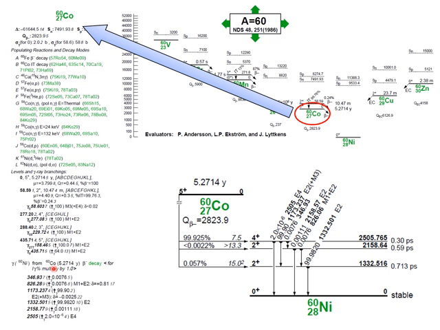So cobalt-60 decays to nickel-60, and the yields of the gammas are listed here. So I see that I get 2 gammas, one at 1,332 keV, one at 1,173 keV, and they're each at very close to 100% yield.